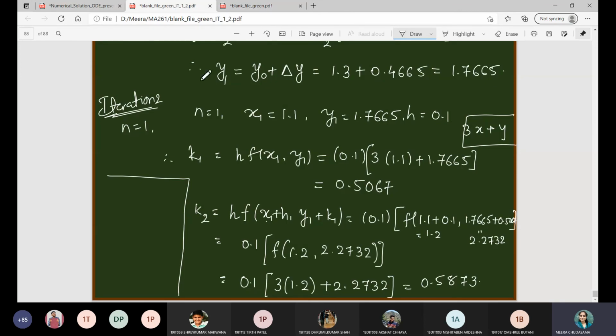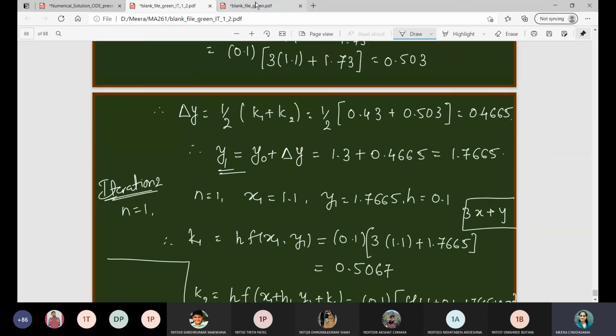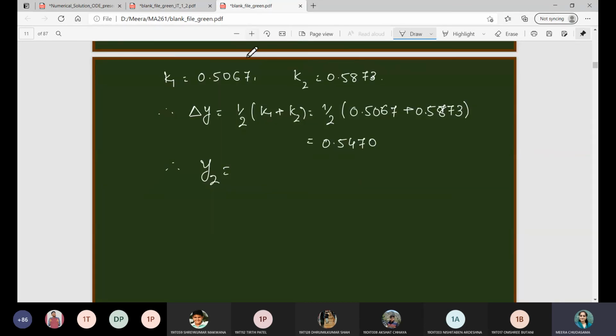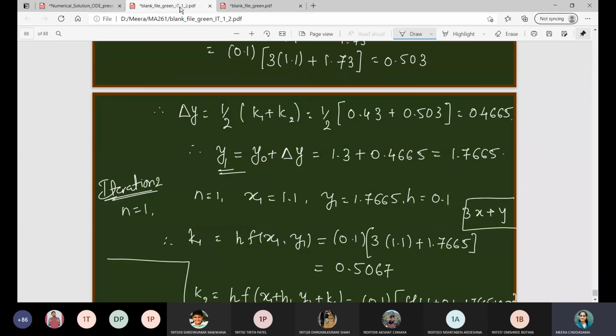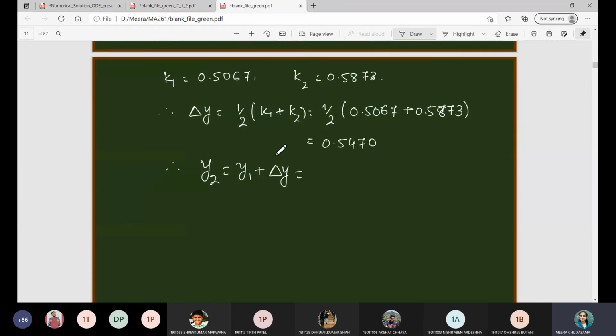So therefore, y2. Previously, we have computed y1. So now the new approximation is y2. So it is y1 plus delta y. y1 we have written at last, it is 1.7665. So 1.7665 plus this increment, that is 0.5470. So what will it be? 2.3135. Yes, 2.3135.